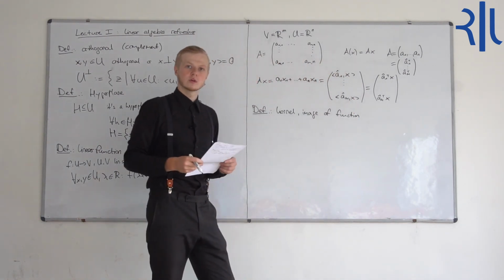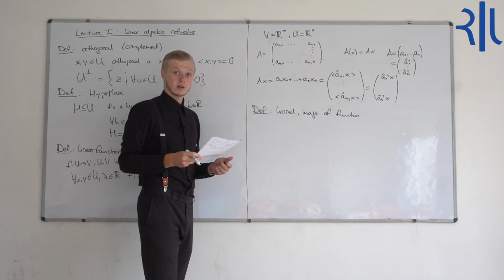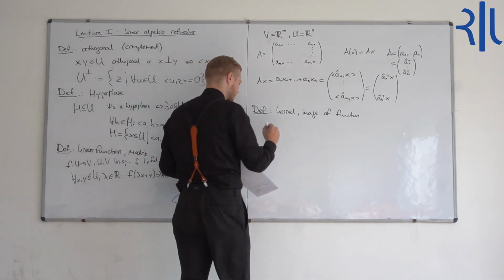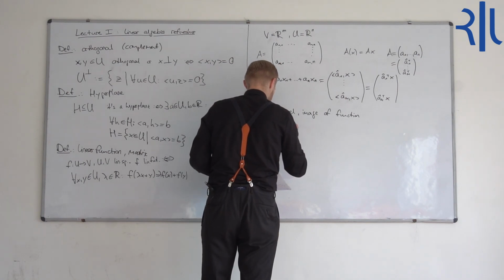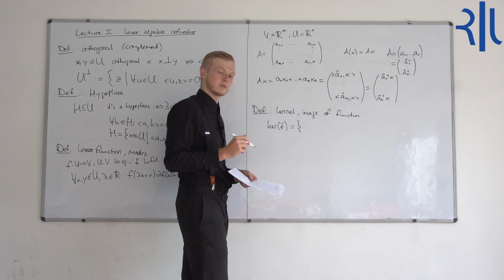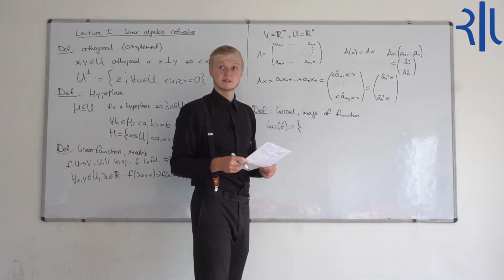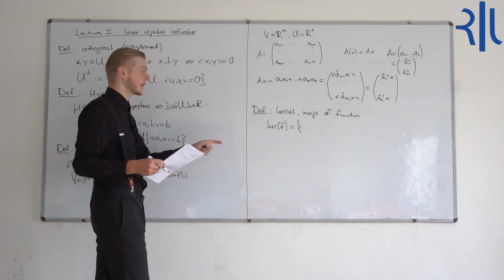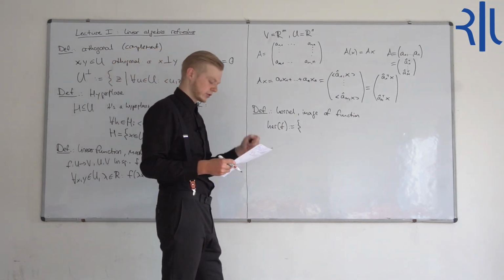We also want to define the kernel and the image of a function. The kernel of a function is defined as all the elements in the original set that are mapped to 0.